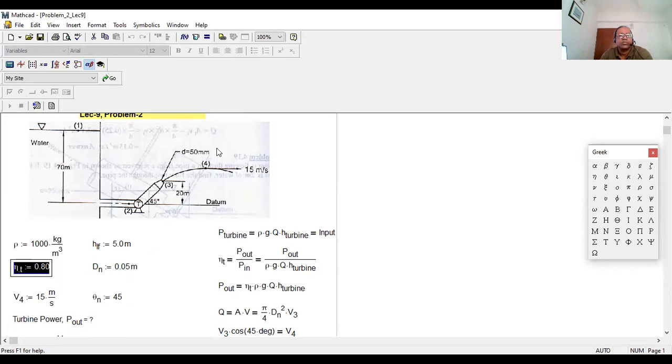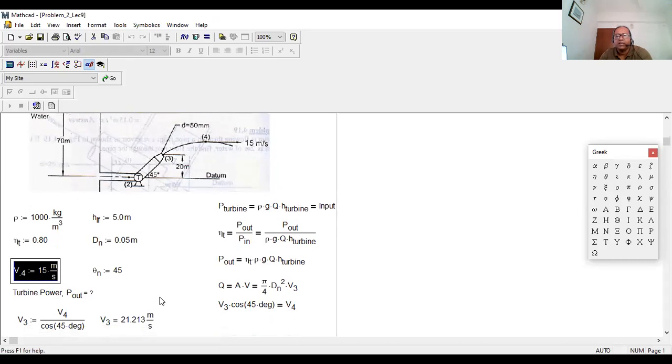Diameter of the nozzle equals 50 millimeter, so write down 0.05 meter. Velocity V4 at point 4 is 15 meter per second. Inclination of the nozzle is 45 degrees. Then you need to figure out the turbine power P out.